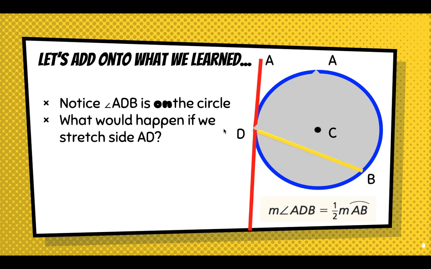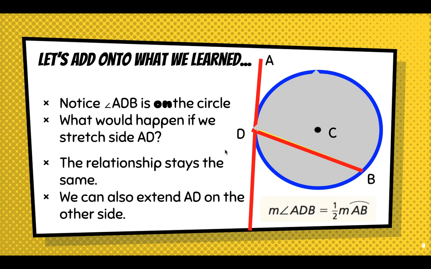So now here is angle ADB, this big angle right here, and we've made that angle bigger. What's really fascinating is that the relationship actually stays the same. The measure of this huge angle ADB is still 1/2 the measure of this big arc that goes all the way around. It's still a 1/2 relationship, or a 2-to-1 relationship.